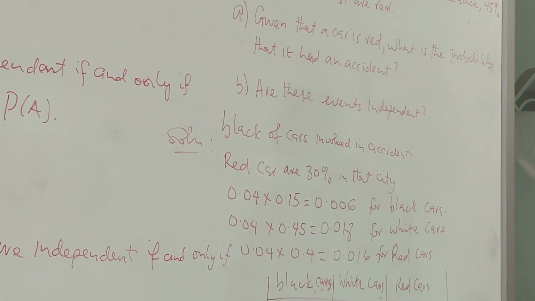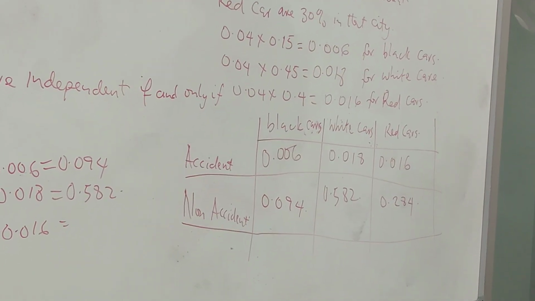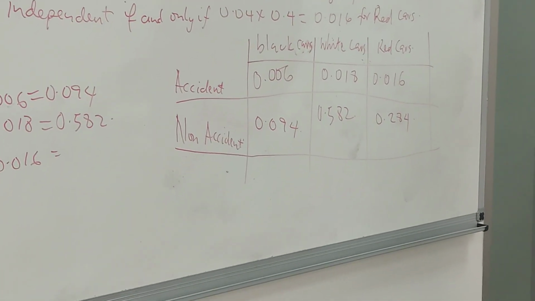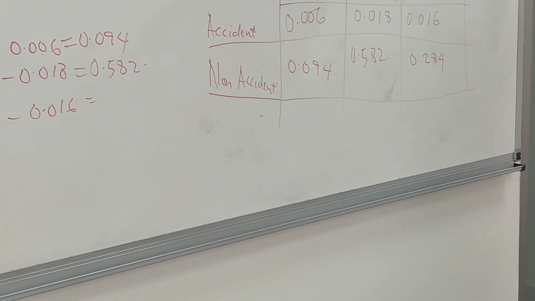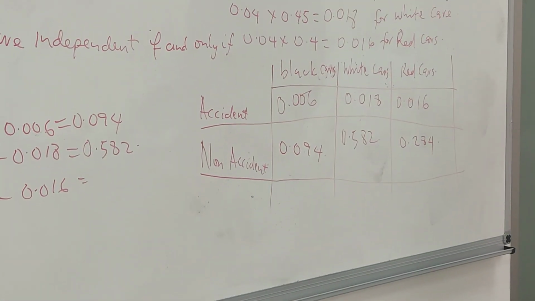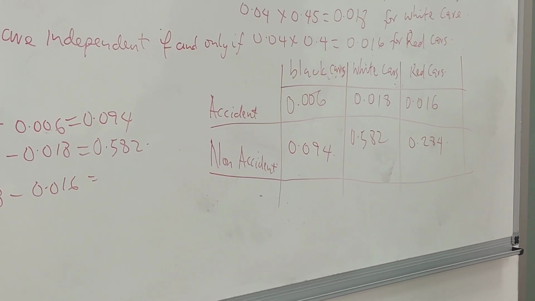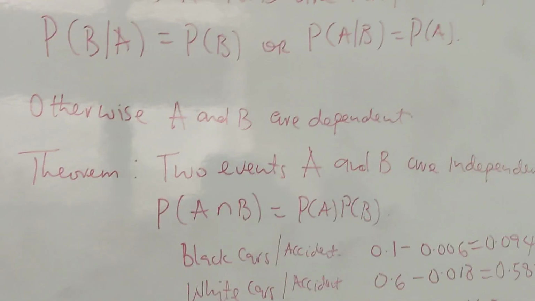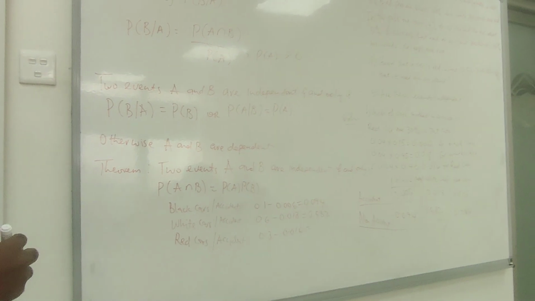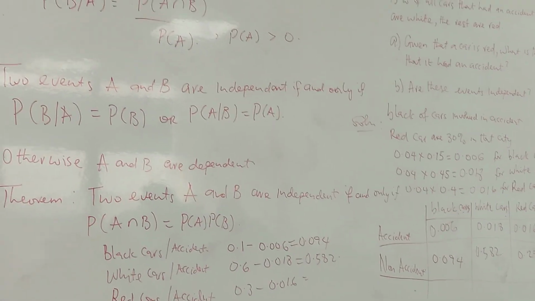Given that a car is red, what is the probability that the car has an accident? So we are going to make use of this formula.